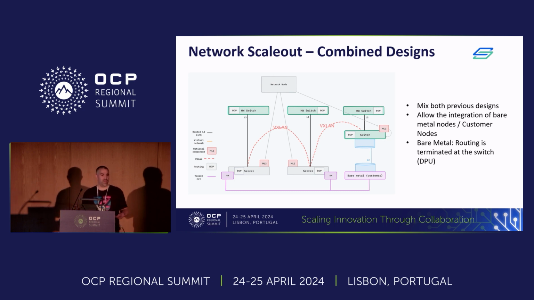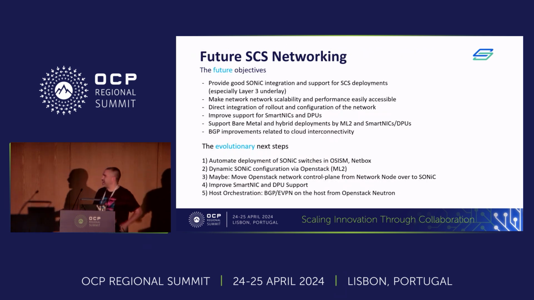Sometimes this is necessary, especially for private clouds, to also provide the possibility to use bare metal nodes in the network setup. So I shortened the last three slides a little bit.